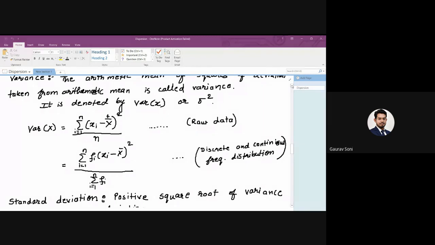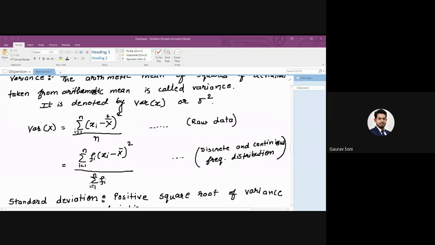That is the formula for the raw data. Then if it is a frequency distribution, whether discrete or continuous, then summation fi (xi minus x bar) square upon summation fi. It is denoted by var or sigma square.